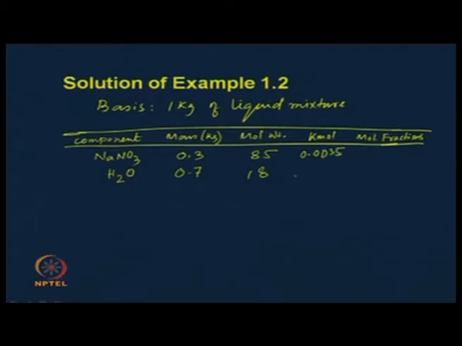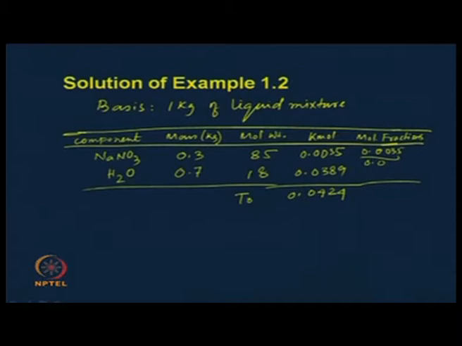If you calculate, it will be 0.0035 and this is 0.0389. So, the total kmole is 0.0424, and then the mole fraction is this kmole 0.0035 divided by the total mole, 0.0424.